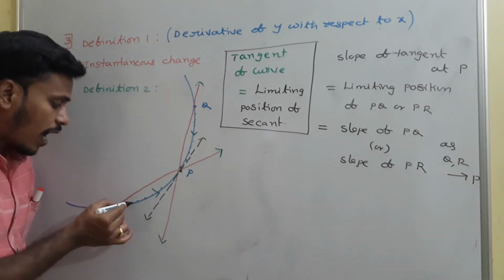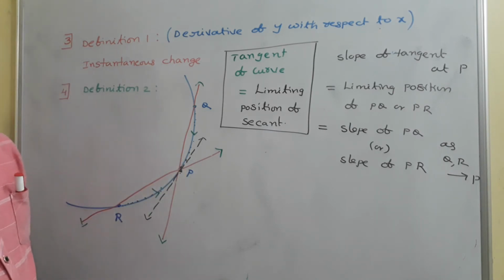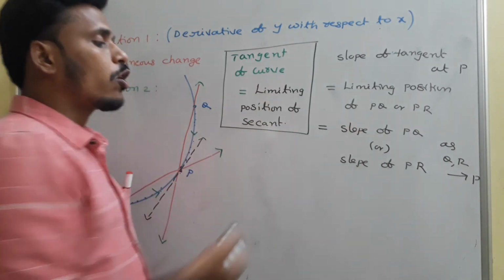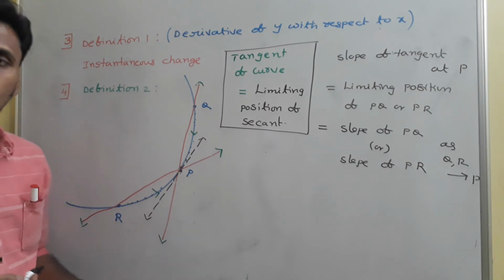If you move R nearer and nearer to P, then the secant PR will become a tangent. So the slope of the tangent is simply the slope of PQ or the slope of PR as Q, R approach P.